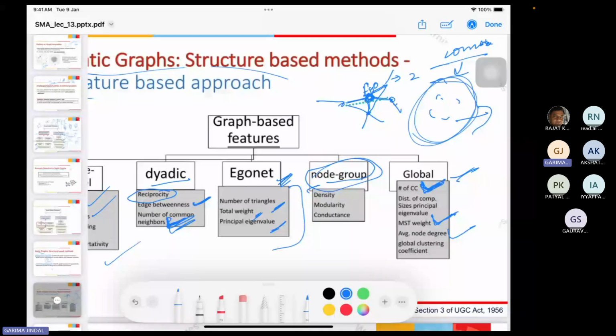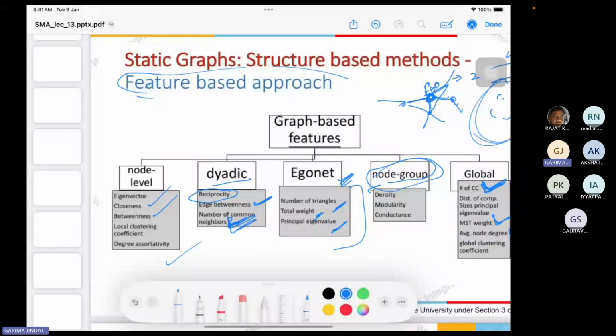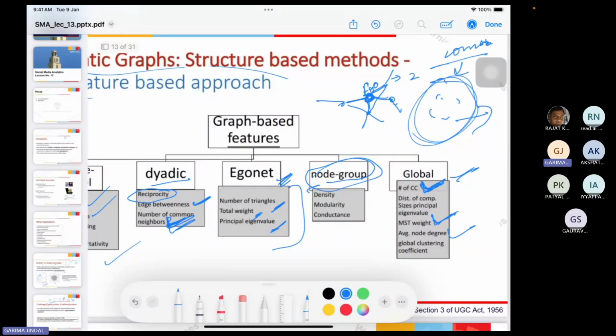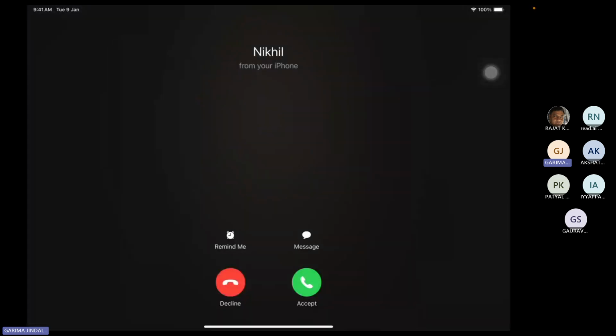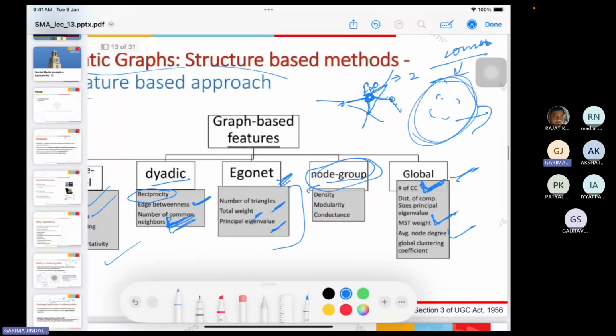But when you identify the global property, that is the average degree of the network, it might deviate, and from that you get an idea that there is some anomaly in the network, and then you can analyze in detail which node can be anomalous in that network.